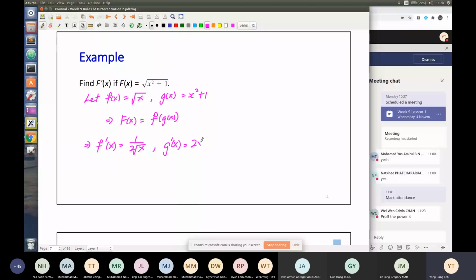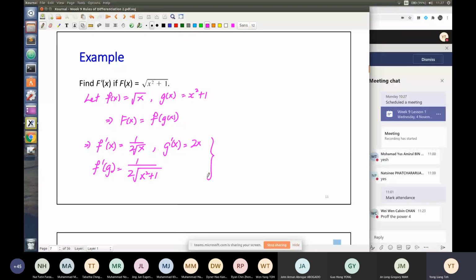2x. So once you are done with this, you can actually take one step further. Write down what is your f prime g. So when this is x, so when this is g, substitute your whole x by g. G is x squared plus 1. Is that right? Okay, so once you have that, then it's just putting down the terms together.